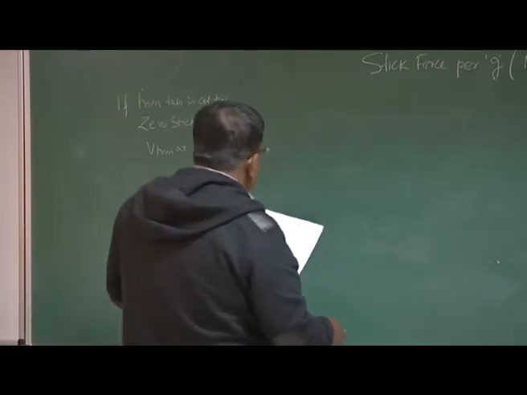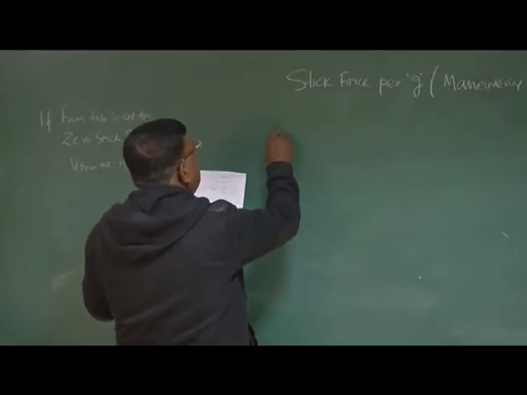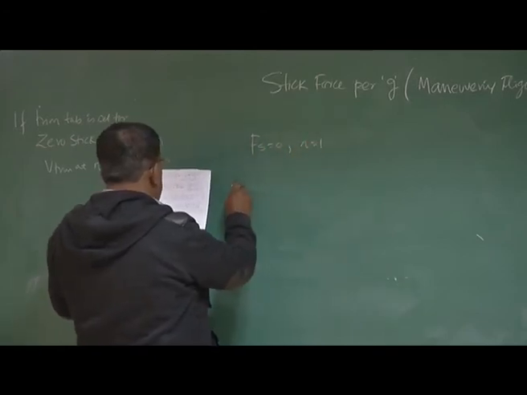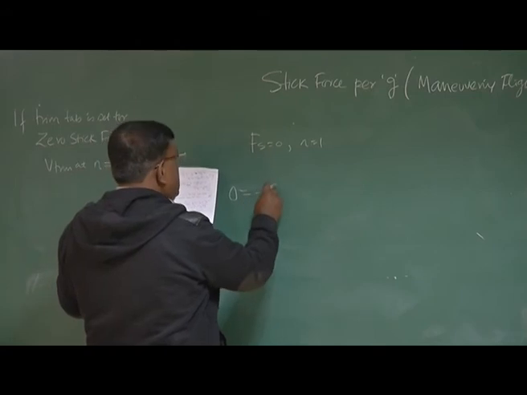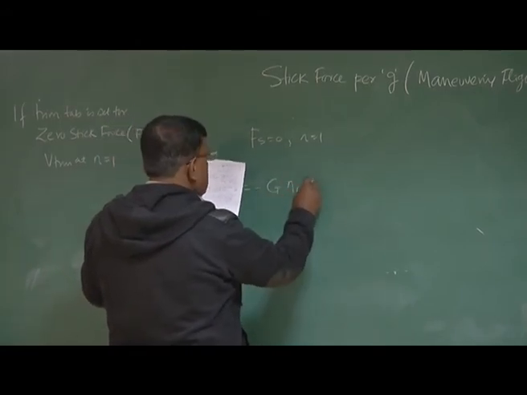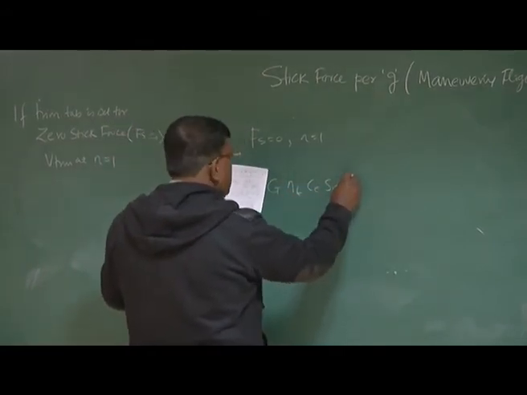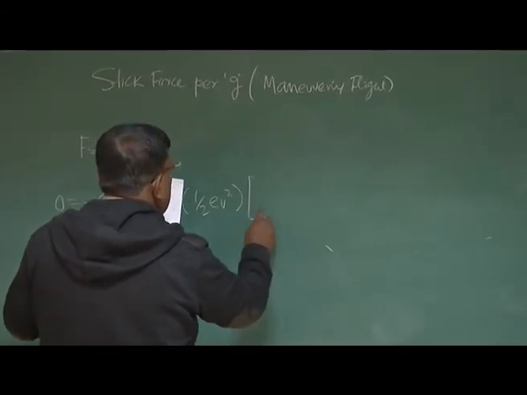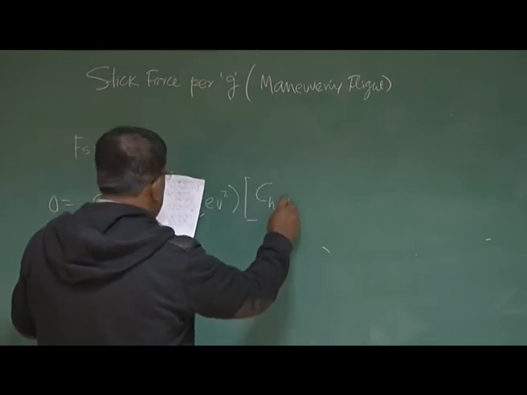So I can always write for that condition Fs equal to 0, and that means n equal to 1, that is at trim. I will put 0 equal to minus g eta t c. Let me write this because it's a very lengthy term, so you don't get mixed up.